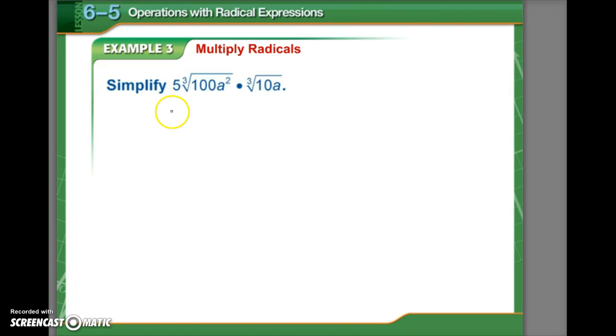So that's going to be the same as 5, which is outside the first one, there's nothing else outside, times the cube root of 100 times 10, which is 1,000, and then a squared times a, which is a cubed.